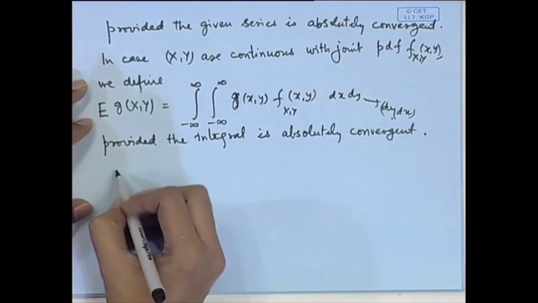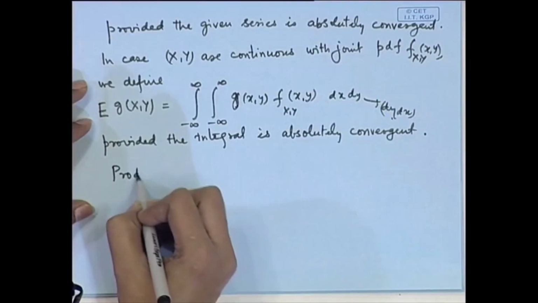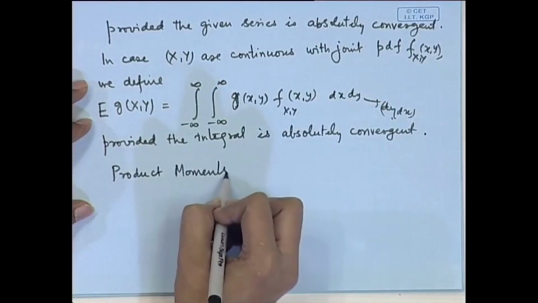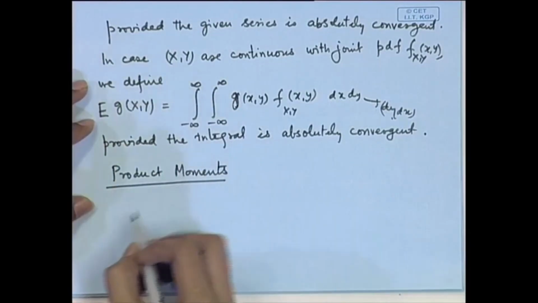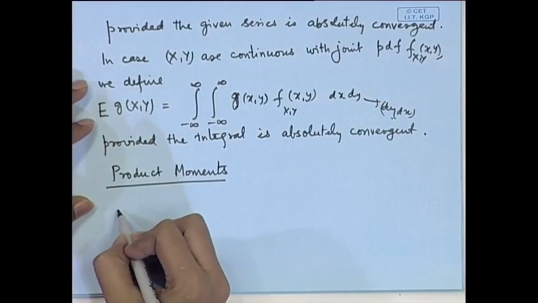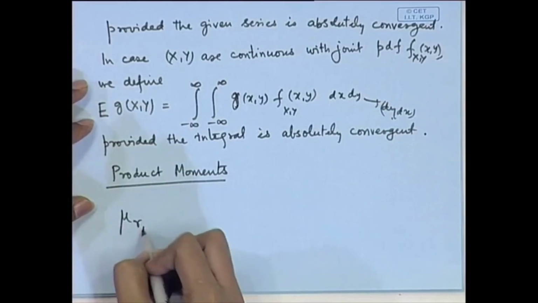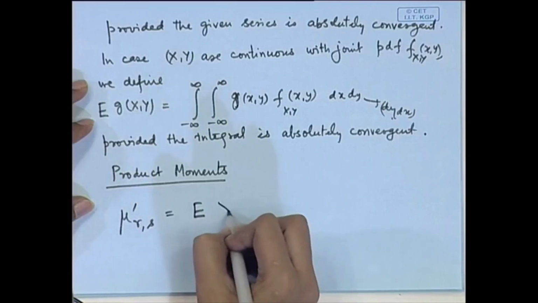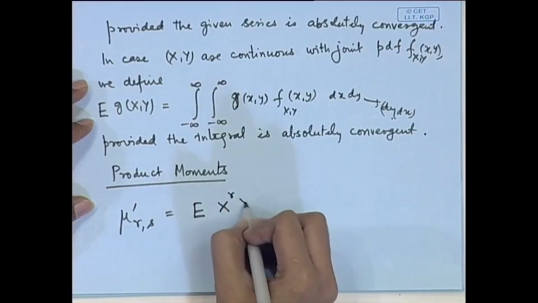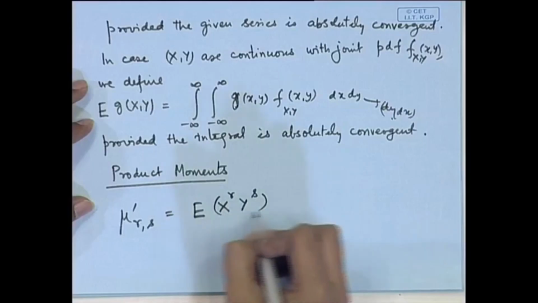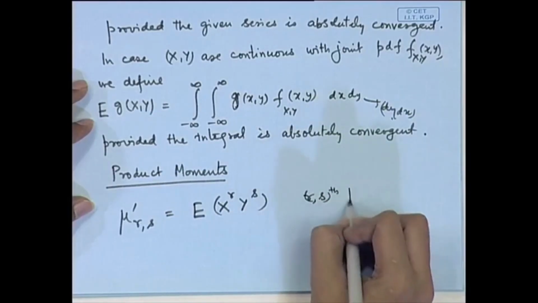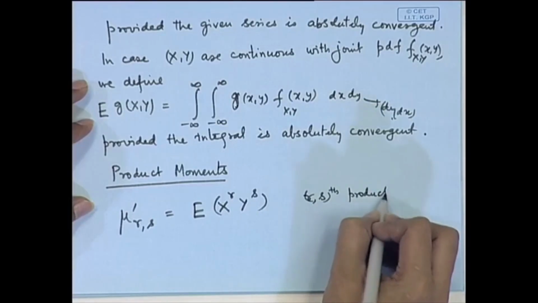Now, in particular we will be concerned about product moments. So, we define mu_rs prime as expectation of x to the power r y to the power s. This is the rsth product moment.